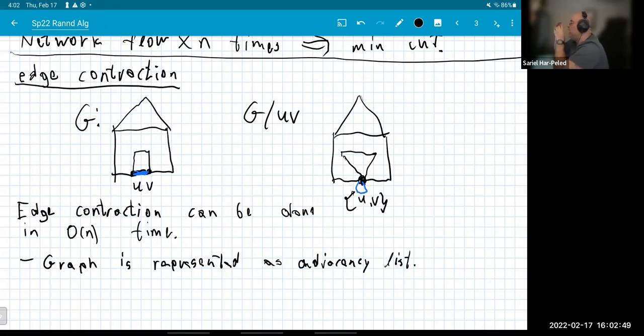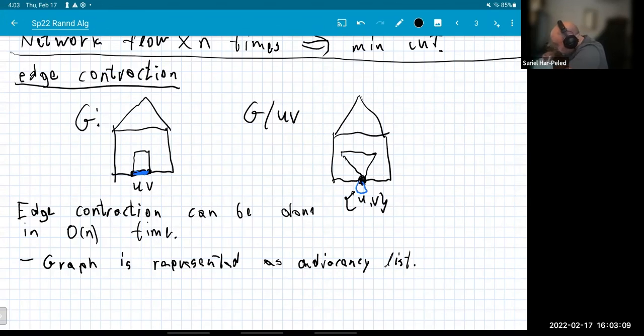And now, if you think about it, contraction is essentially you take the two adjacency lists of two vertices and you have to merge them, right? Of course, you delete the two lists and create a new list. This list is a merged list.